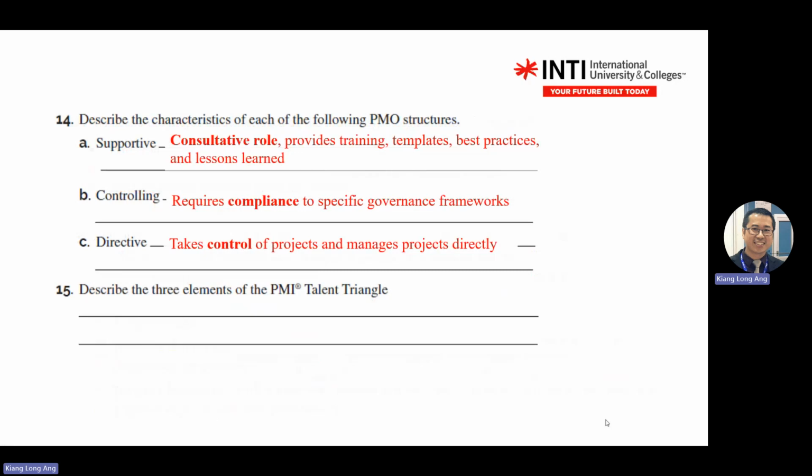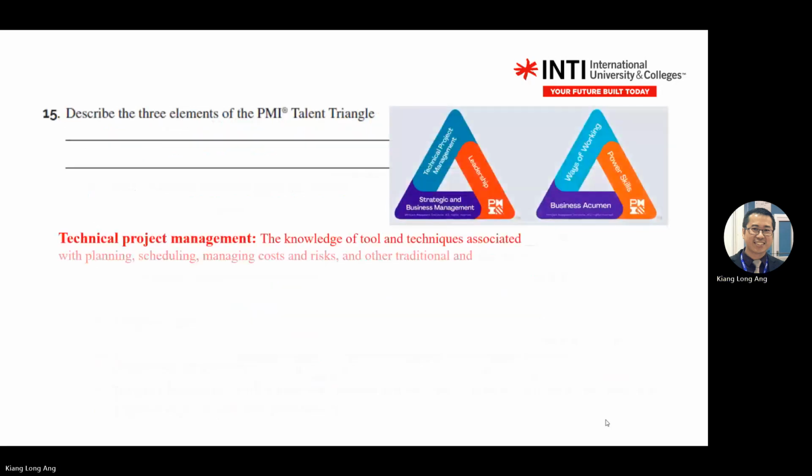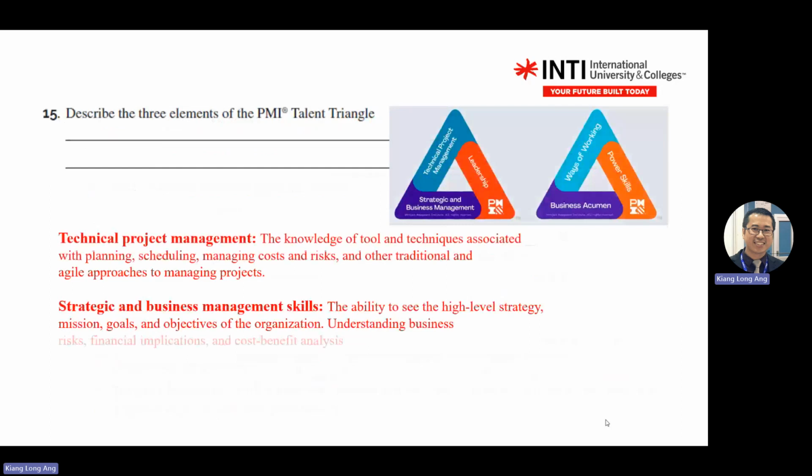Describe three elements. This one also is in chapter 1, where we talk about the talent triangle in PMI. There are three keywords there. Okay, three keywords: technical, business, and leadership. Okay, technical skill, business skill, and leadership skill.